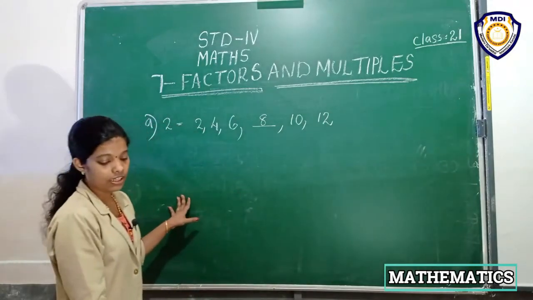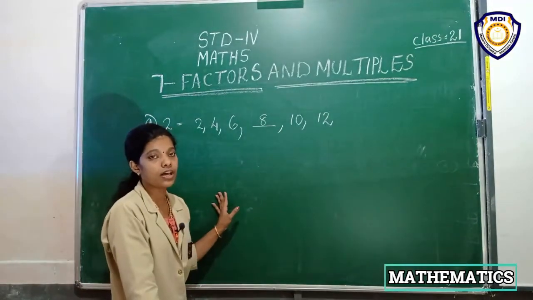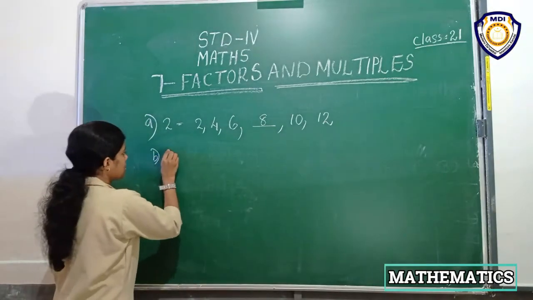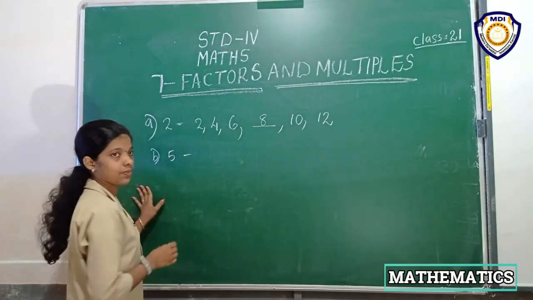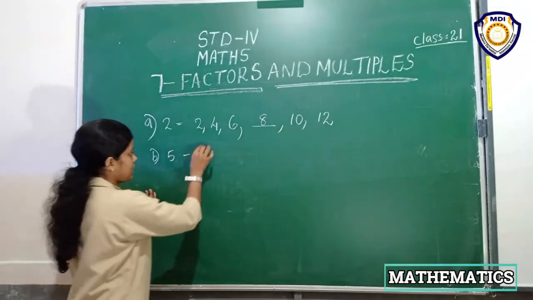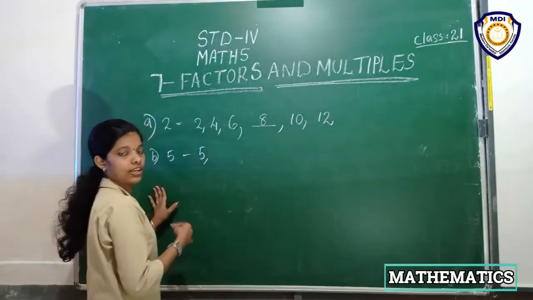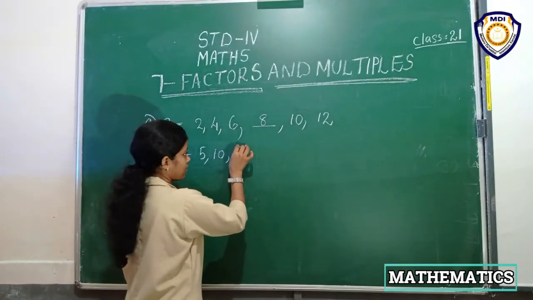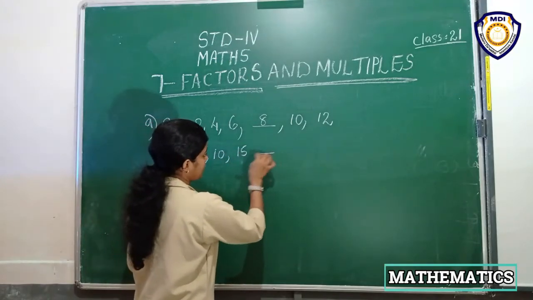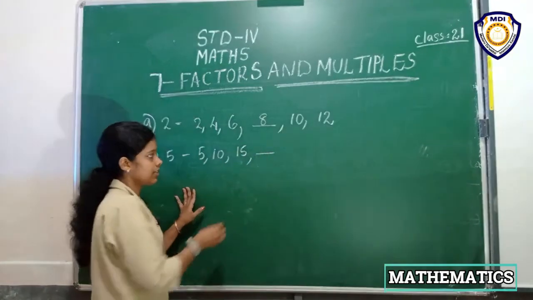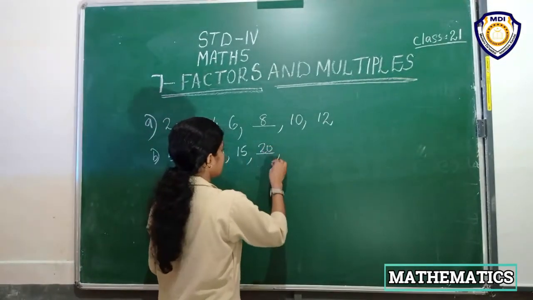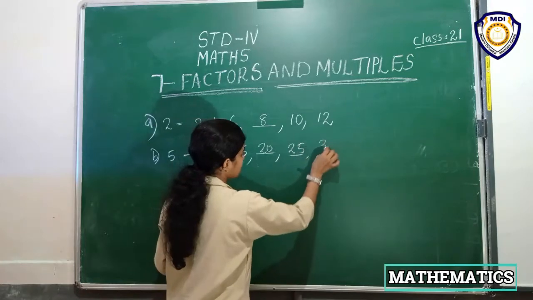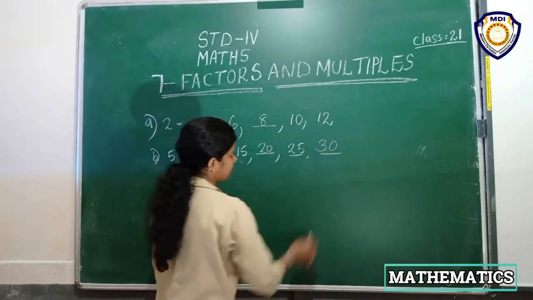Then counting fives. Second one is counting fives: 5, next number is 10, next 15, then next number is 20, then 25, then 30.